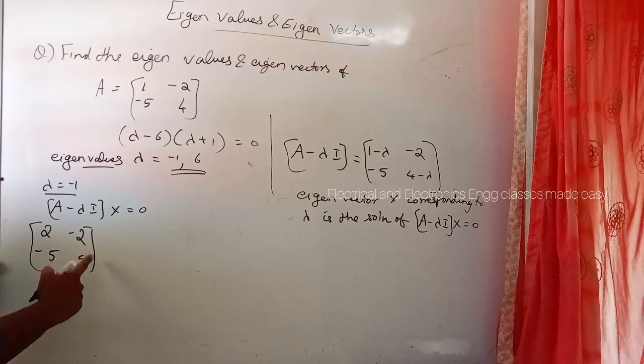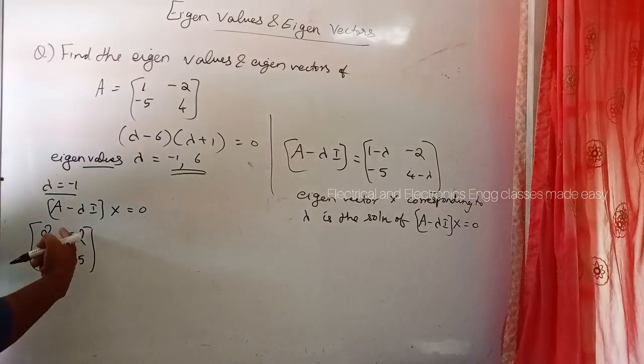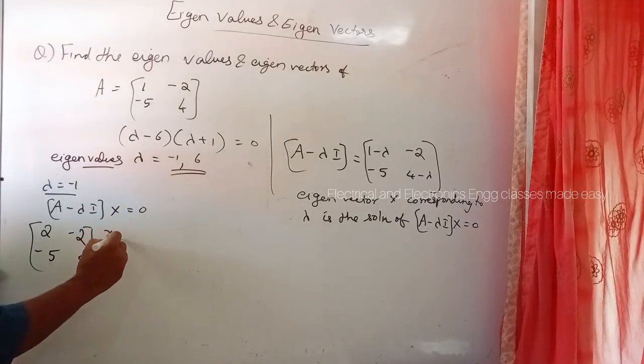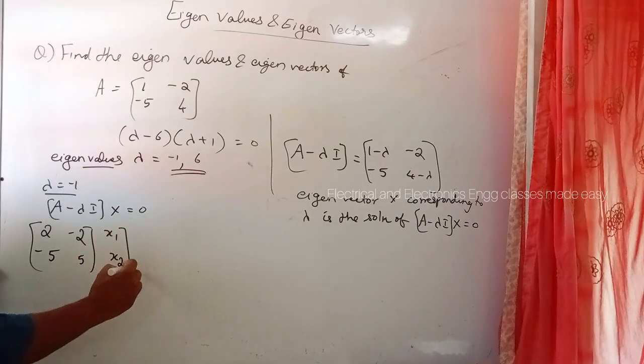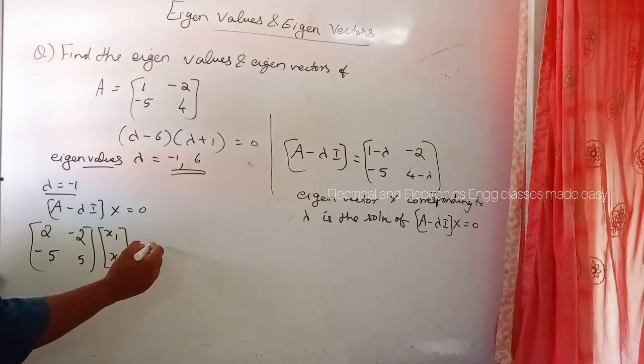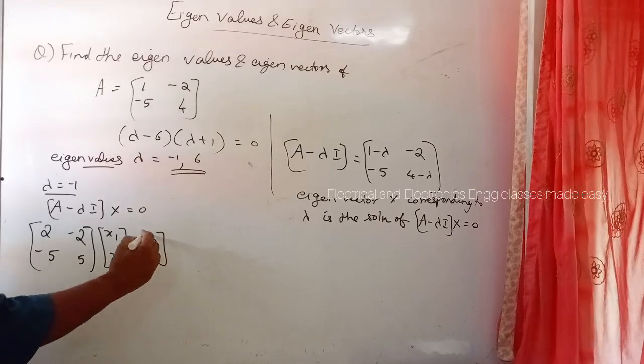This is a 2 by 2 matrix, and x is x1 and x2, a column matrix, and this is equal to the 0 matrix.